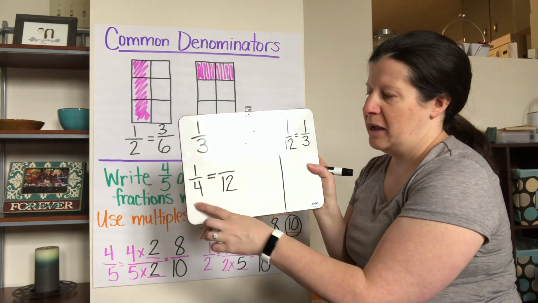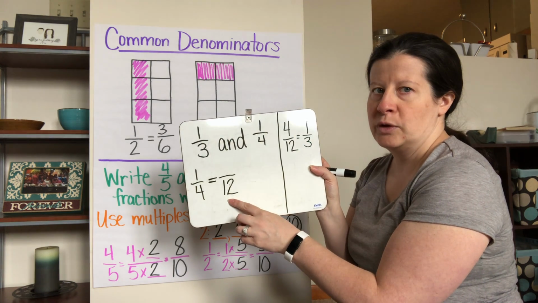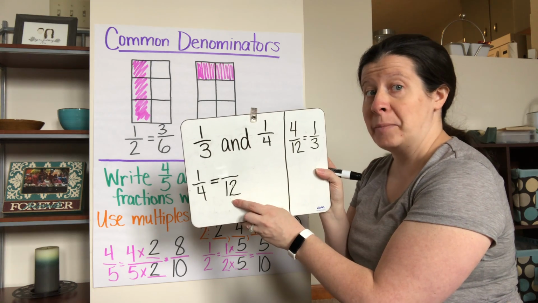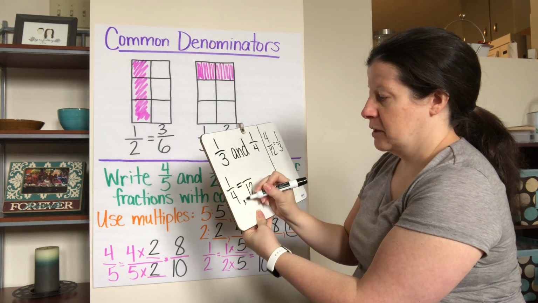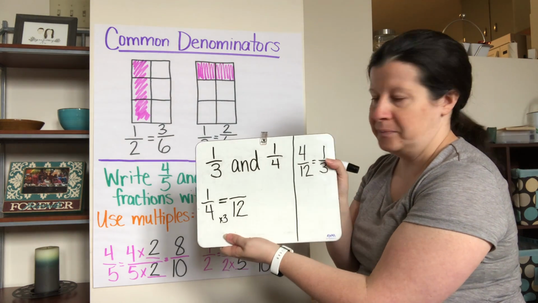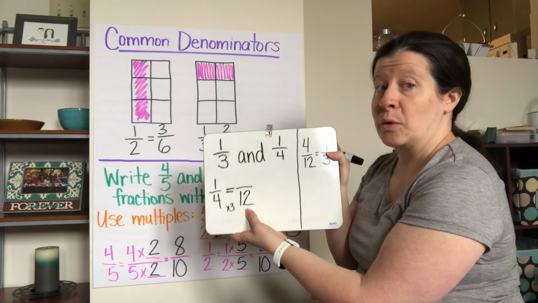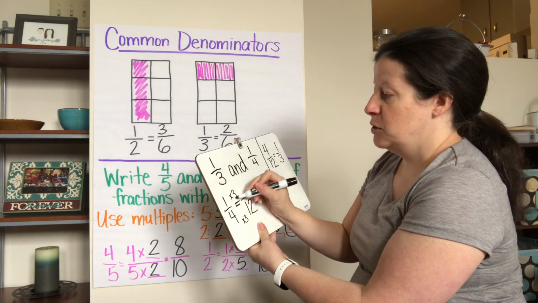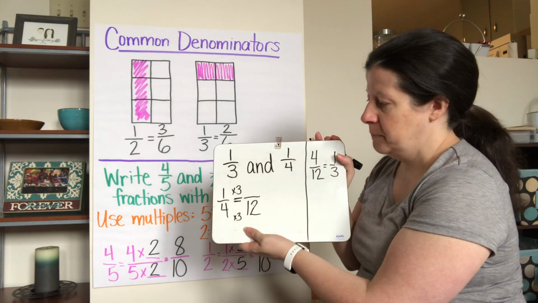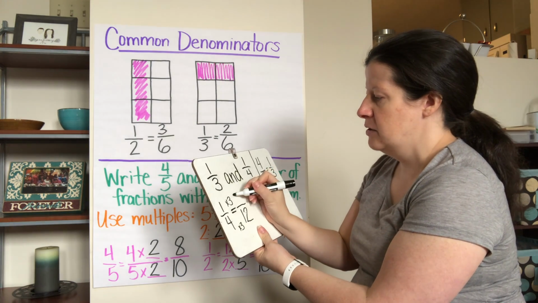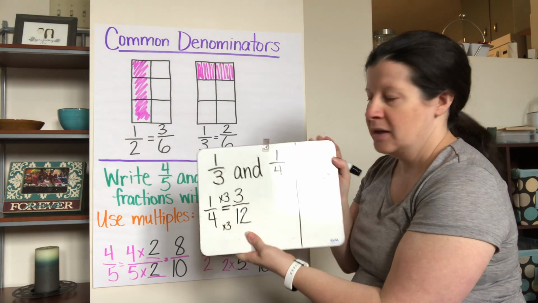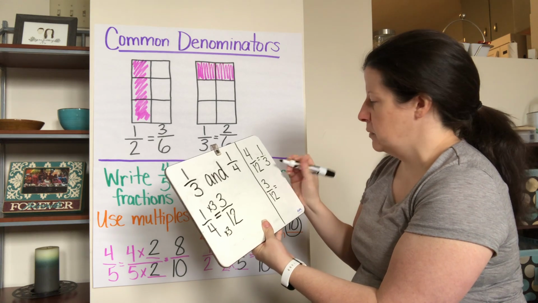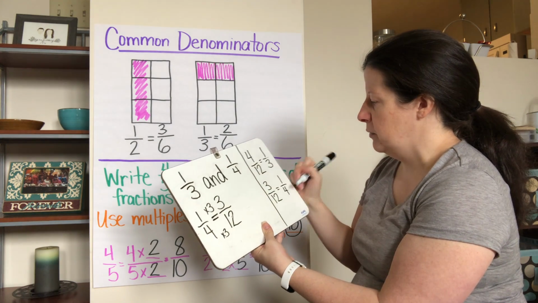So you could think about, okay, to go from 4 to 12, what did you do to this 4 to change it to a 12? You would multiply it by 3. If you want to put a little times 3 down there to help you, you can do that. 4 times 3 equals 12. Whatever I do to the denominator, I also do to the numerator. So now I have to do 1 times 3 to get my numerator. And 1 times 3 is 3. So now 3/12 is equal to 1/4.